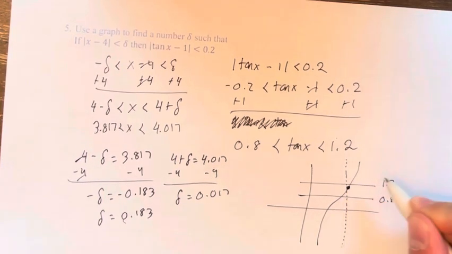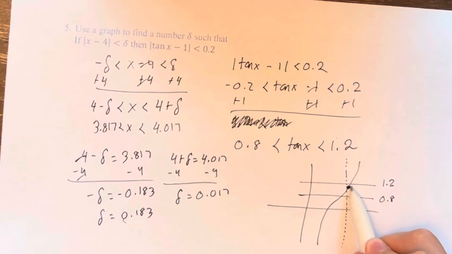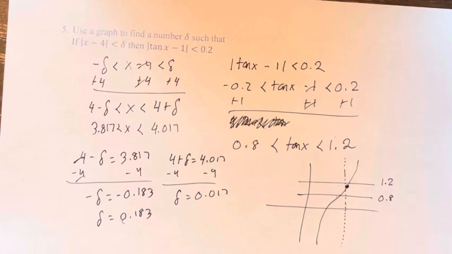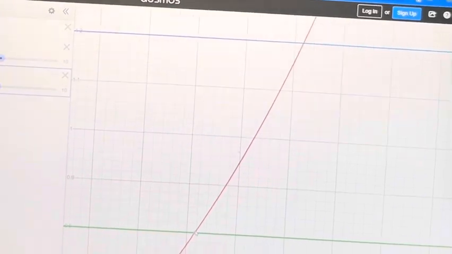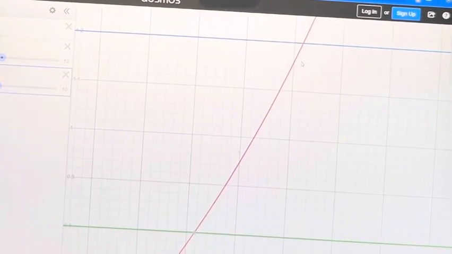It was really close to 1.2, and it was further from 0.8. This is the point where x equals 4 on the function. See, it's really close to 1.2, and it's a lot further from 0.8, which is way down at the bottom.